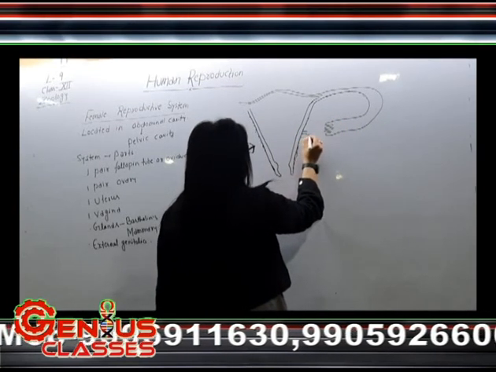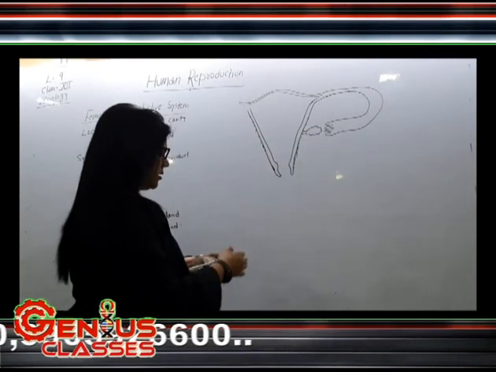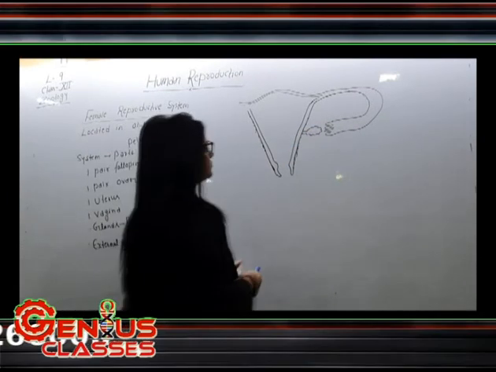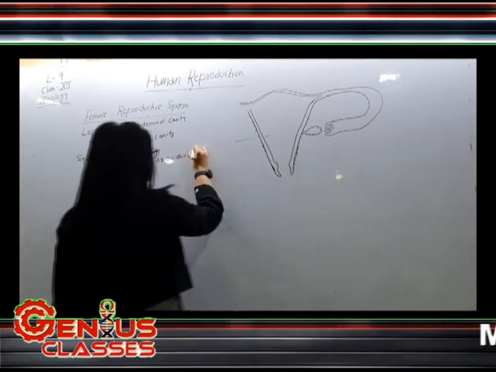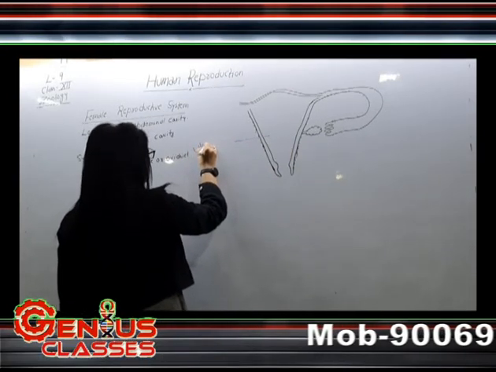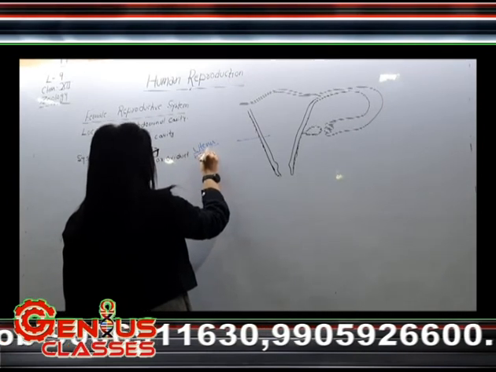This is the ovary. This part is the uterus, or it is also called the womb.